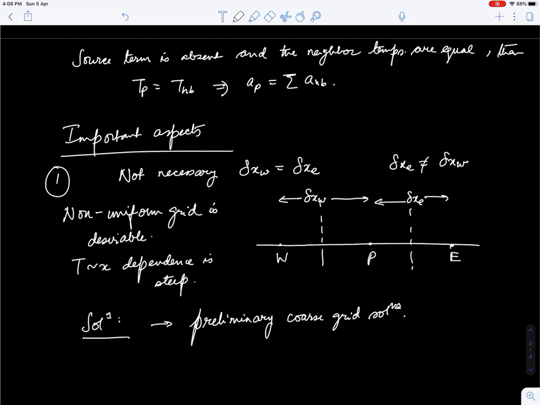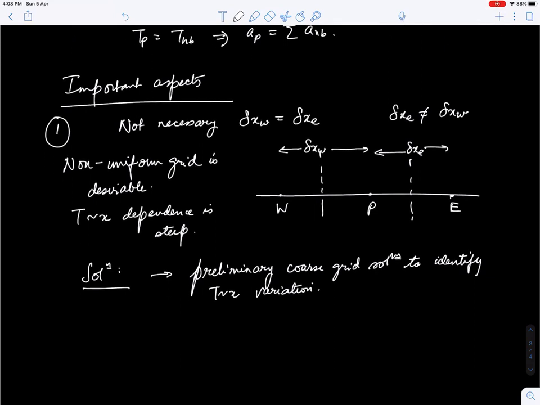But this coarse grid solution could be used to identify regions where the temperature versus X dependence is extremely sharp, and maybe regions where the temperature varies very slowly with space, and where we don't need to worry about high resolution.